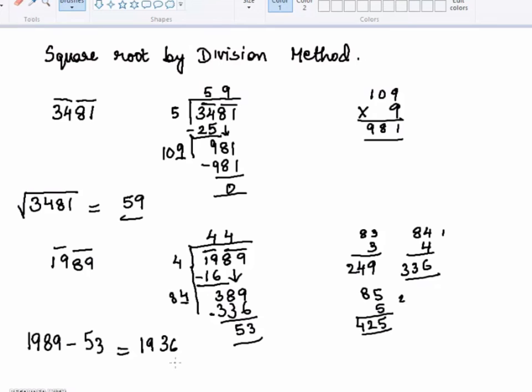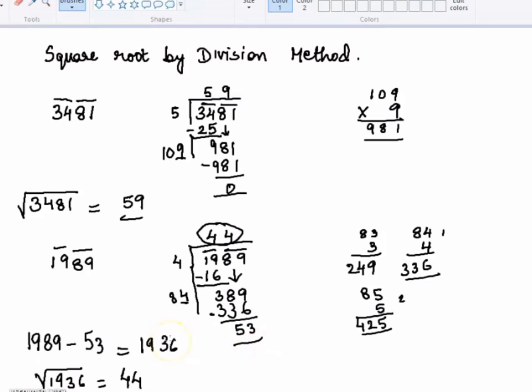And 1936 will be a perfect square, and the square root of 1936 will be nothing but this number which you get above as the quotient, that is 44.